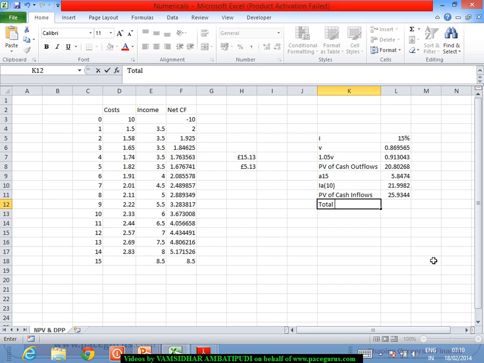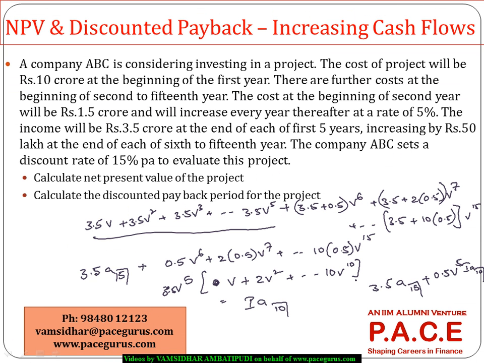So the net present value is nothing but present value of cash inflows minus the present value of cash outflows, resulting in that same 5.13 crore. Now that the net present value is positive, this project is a profitable investment altogether. So in a step-by-step mechanism also, we can evaluate the net present value of the project using this mechanism.